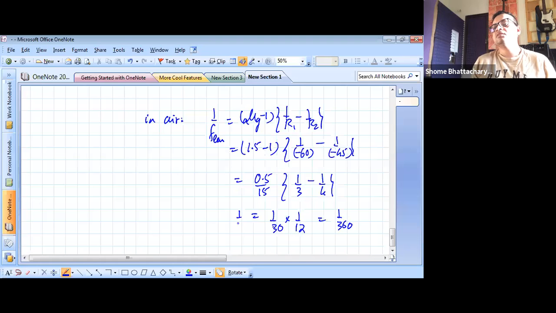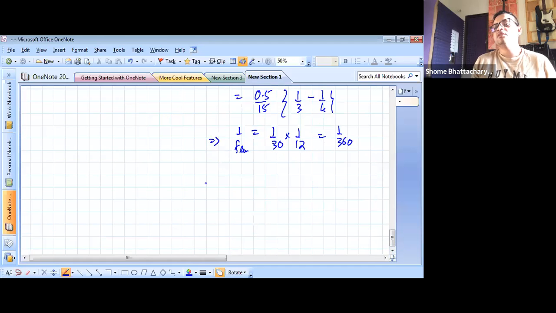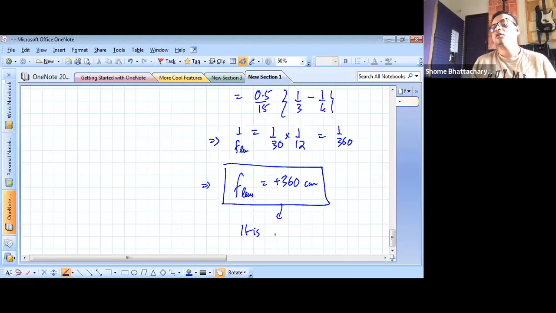Importantly, it's giving us a positive focal length, which means that it's a converging lens. The moment, in our sign convention, we get the focal length of the lens as a positive quantity with light coming from the negative side, the interpretation is that it is a converging lens, like a convex lens, of focal length 360 centimeters.